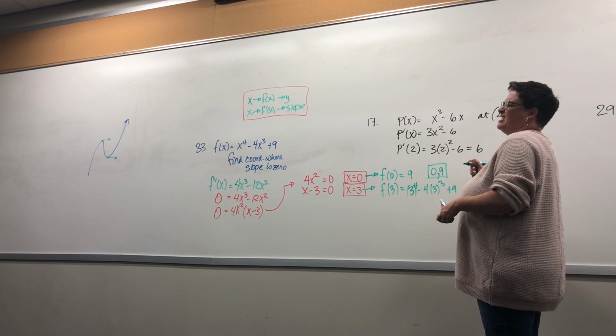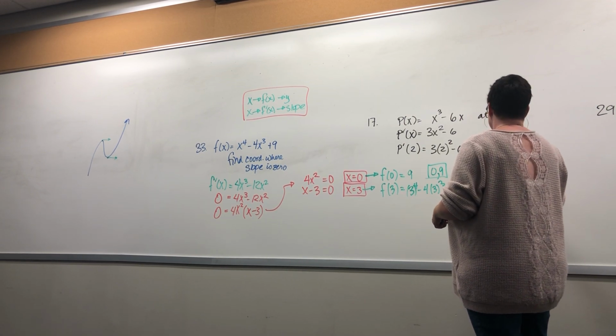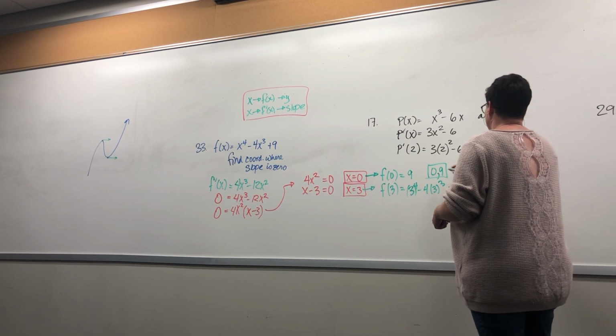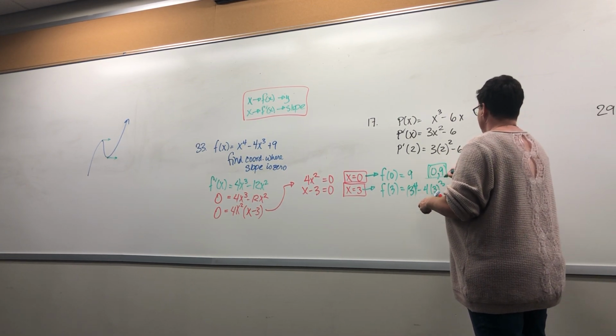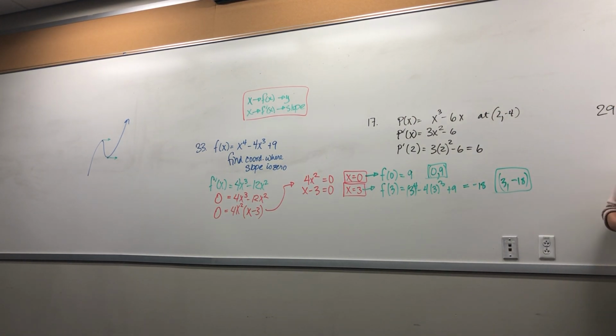Plus 9 is negative 18. So it's going to be 3 comma negative 18. Oh, sorry, these should be parenthesized and then boxed. Somebody can check me. Was it right? Oh, good.